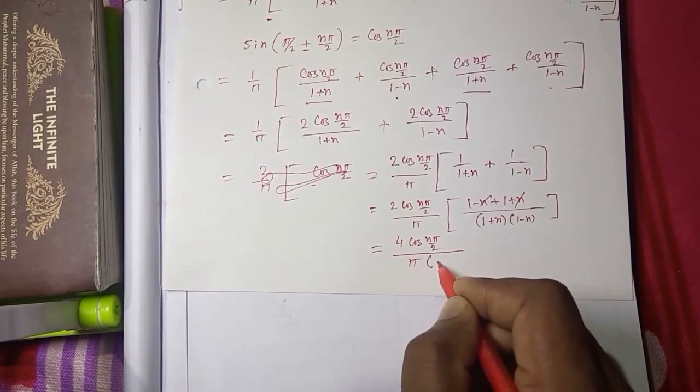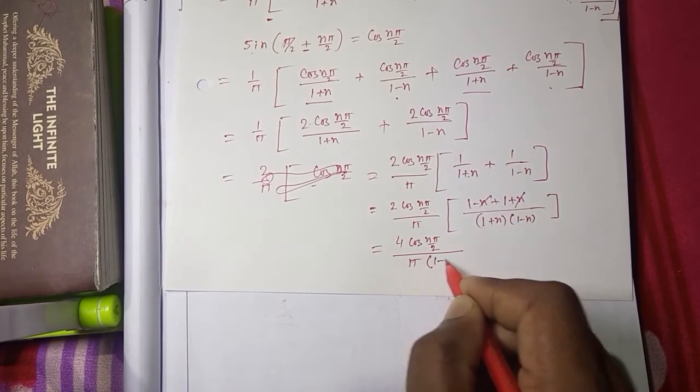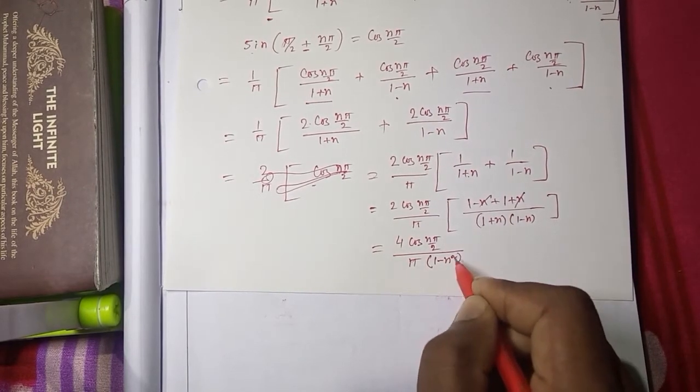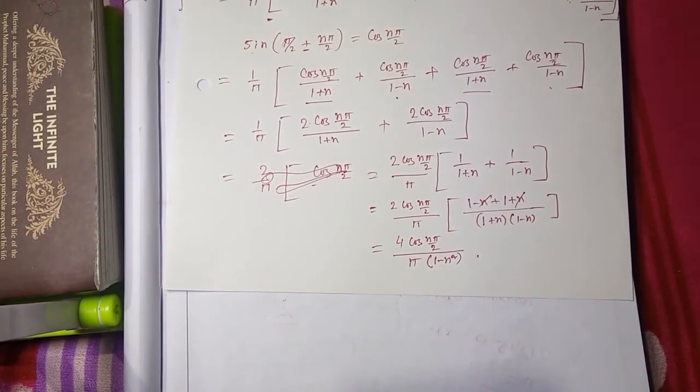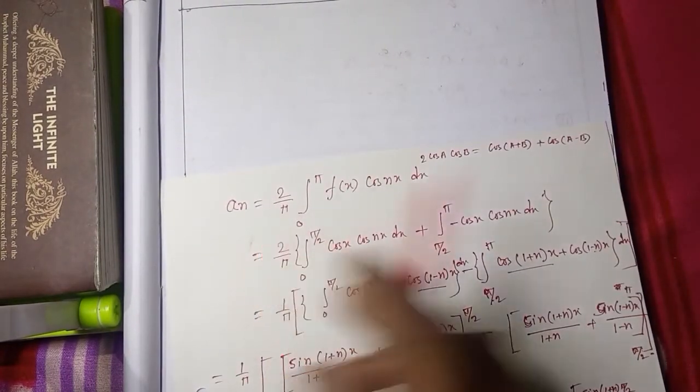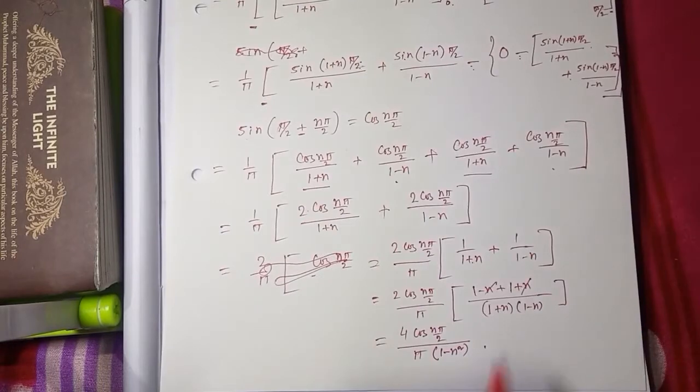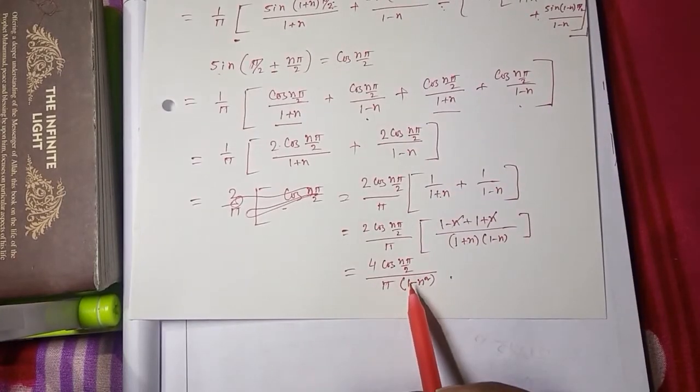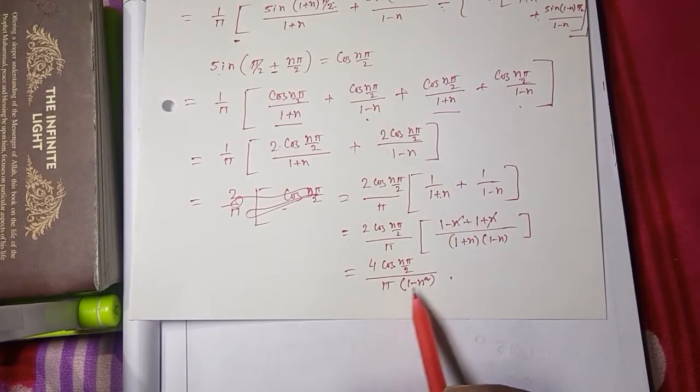This gives 1 minus n square, and this gives an. Here an is equal to 4 cos of n pi by 2 by pi into (1 minus n square).